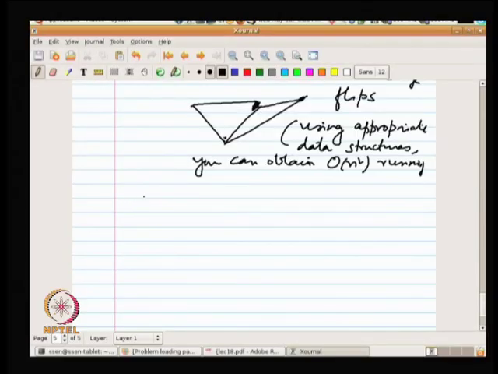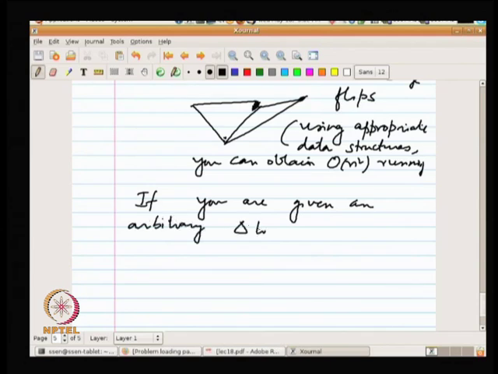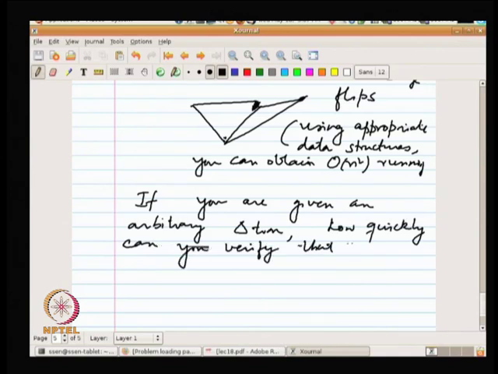There's another observation, which is also kind of important: if you are given an arbitrary triangulation, how quickly can you verify that it is a Delaunay triangulation?